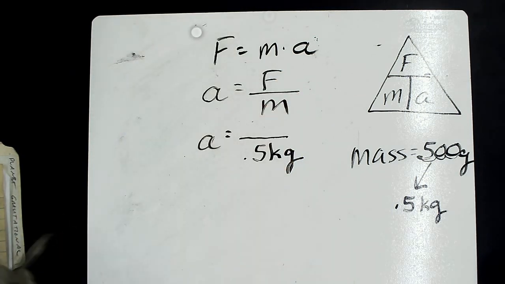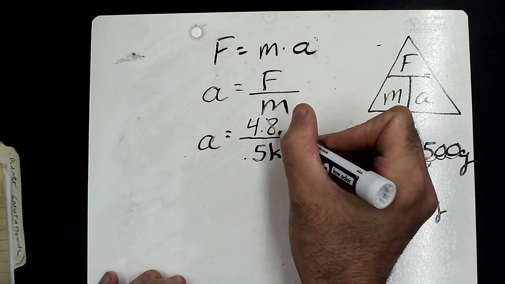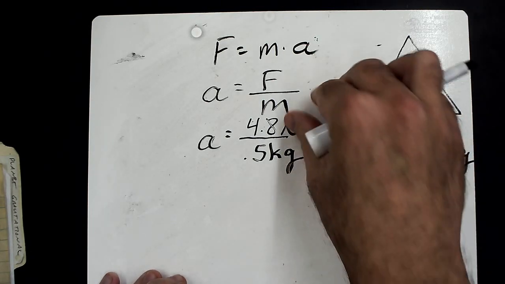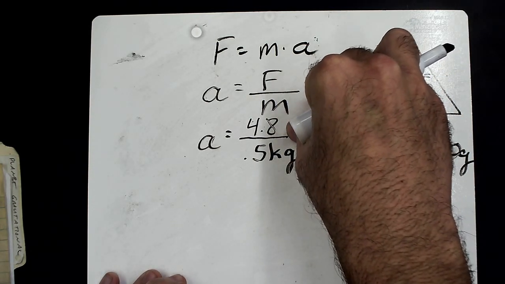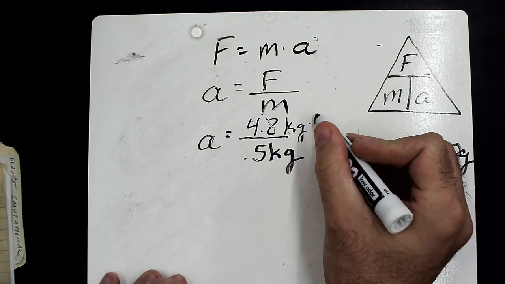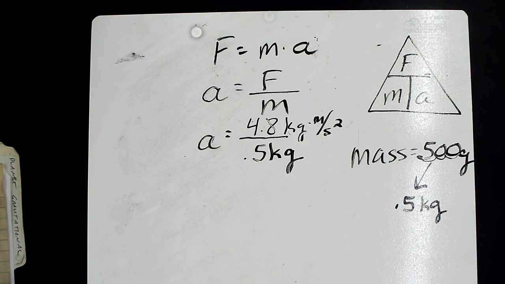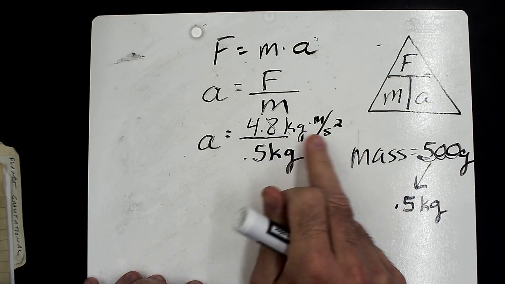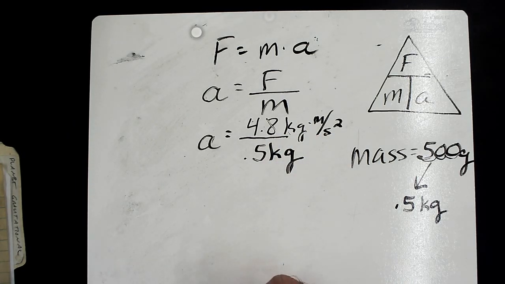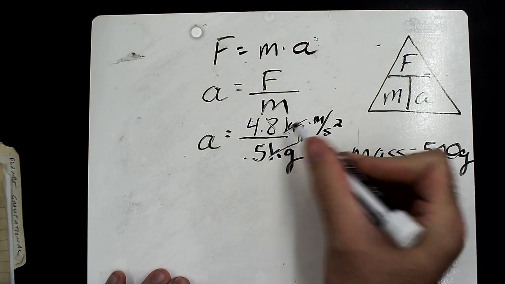So I'm going to go 4.8 newtons. Now remember, I'm going to take this unit and make it kilogram meters per second squared. And if you don't know why, you can watch my other video that's below this one, and it goes over why I'm making the newton unit that. But that's so I can cancel out the kilograms.